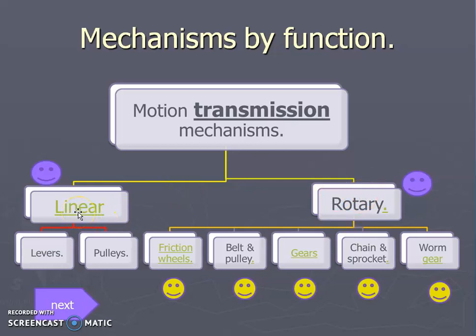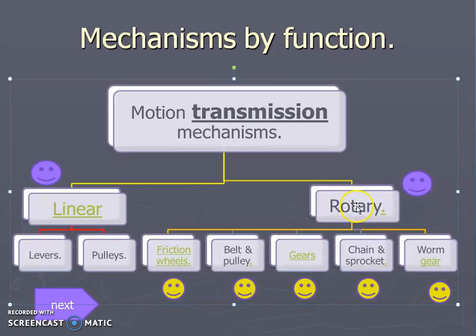Regarding linear motion, we have what we call levers and pulleys. Okay, and regarding rotary motion, we have friction wheels, belt and pulleys, gears, and chain and sprocket. We will cover all this in detail.